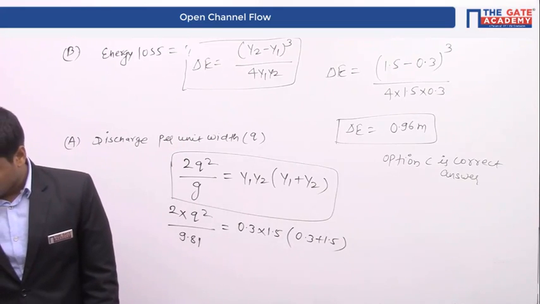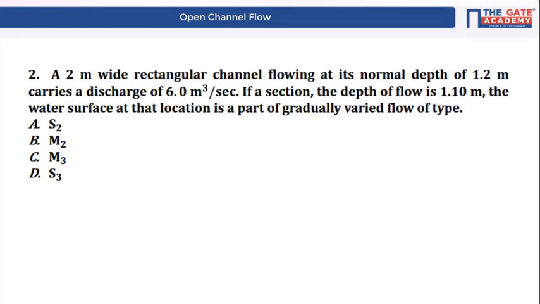The second question is: a 2 meter wide rectangular section flowing at its normal depth of 1.2 meter carries a discharge of 6 meter cube per second.